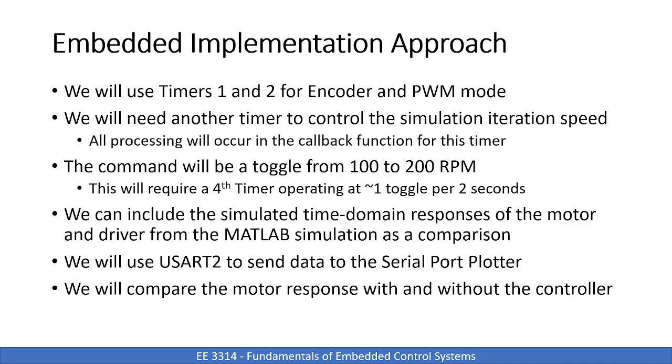You could, if you wanted to slow down the printf of these parameters, have a 5th timer, but what I found in this one is there's plenty of processing power to actually have that printf come out at the simulation rate. So sometimes you might need to slow that down if you're simulating something very, very quickly. The printf can be something that'll really slow you down. In this case, there's enough processing power.